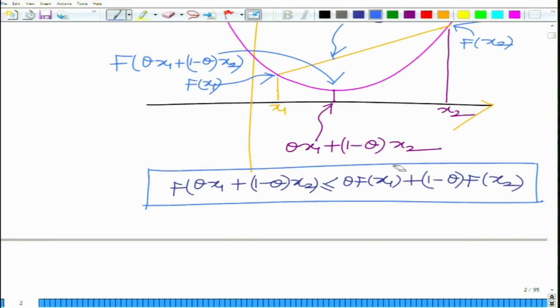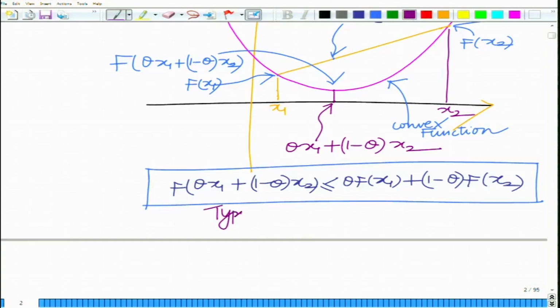So, this is your definition of convexity, and this is your convex function. Typically, a convex function looks like a ball that curves upward.